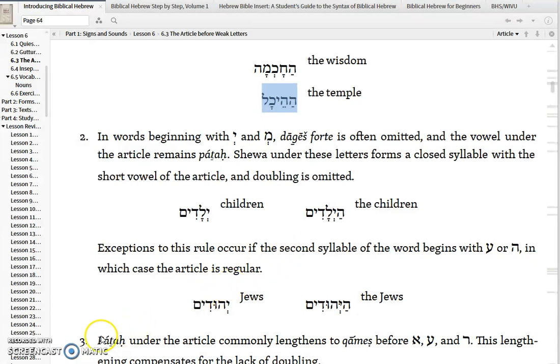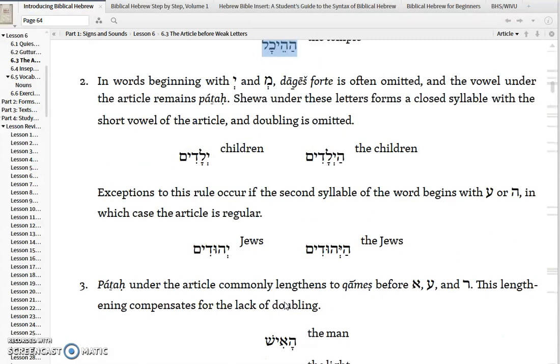There's actually a more complicated rule about that, but I think we'll wait till later to tell you about it. It's called the Ski-Man-Levy rule. It has to do with any letter, sibilant, a kof, a yod, mem or a nun, lamed or a vav, where you have a doubling followed by a vocal shavah. They'll often lose this doubling and become a silent shavah. And this would be an application of that rule. Though with the word Jew, it does tend to double, as you see here. Yehuda becomes Hay Yehuda with a doubling.